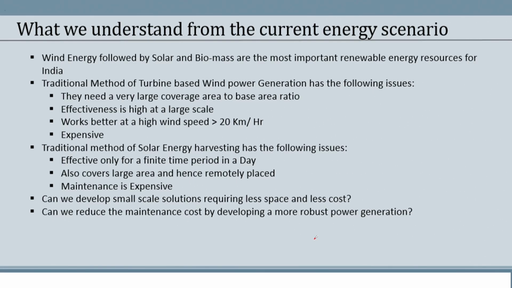Now, I told you that another application of PI and AI together is in developing green energy solutions. For example, wind energy is one of the green energies. Traditionally we use wind energy for turbine-based wind power generation.